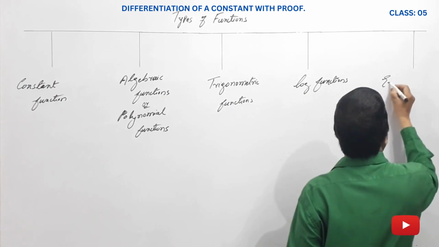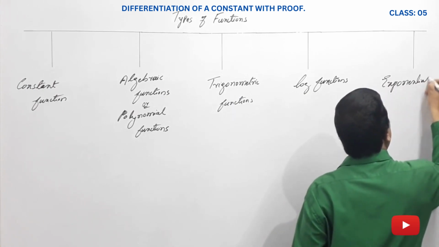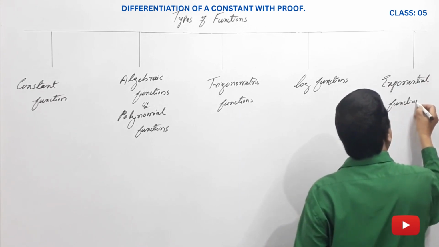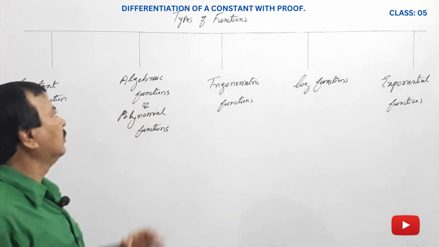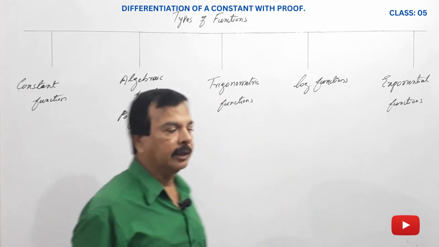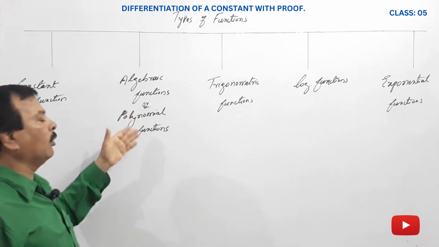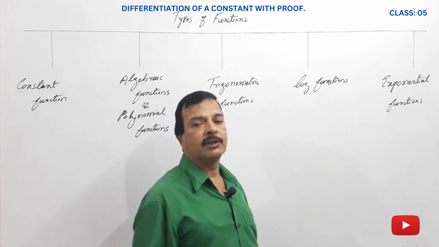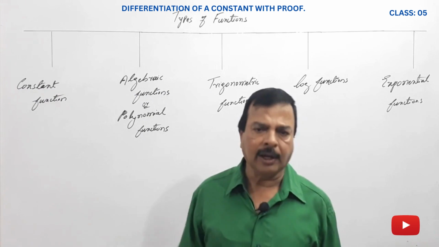And lastly, exponential functions. So basically we have 5 types of functions: constant functions, algebraic or polynomial functions, trigonometric functions, log functions and exponential functions. Now let us see what they are.